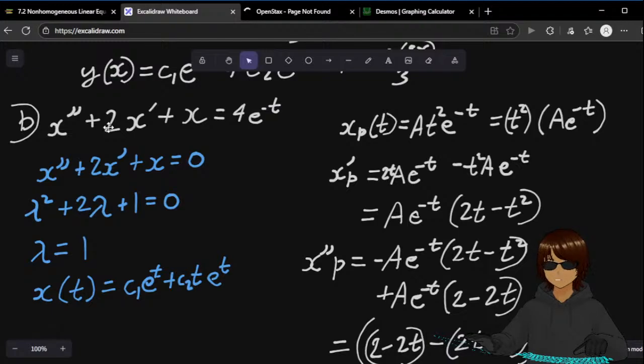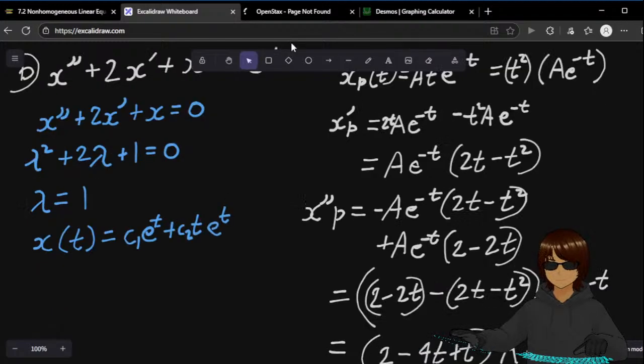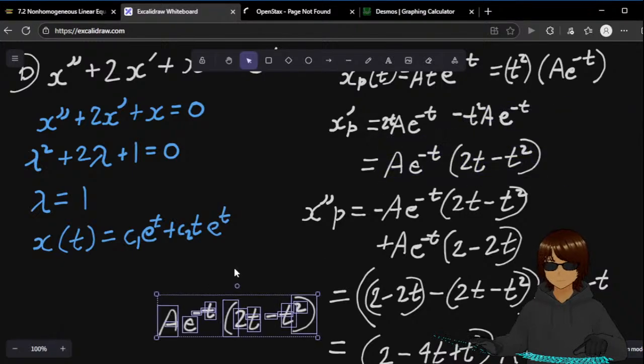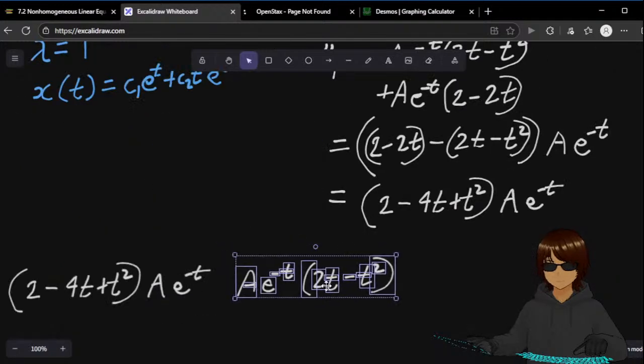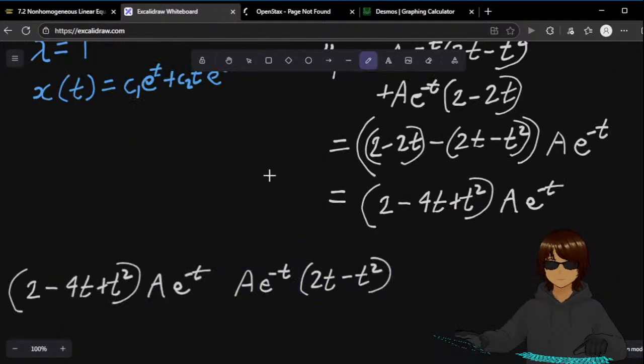Square plus 2 times all of, plus 2 times that, right?